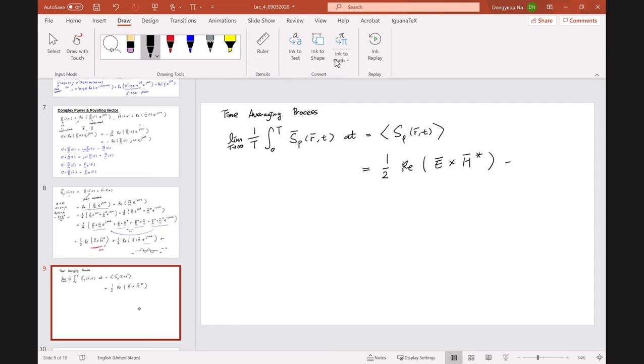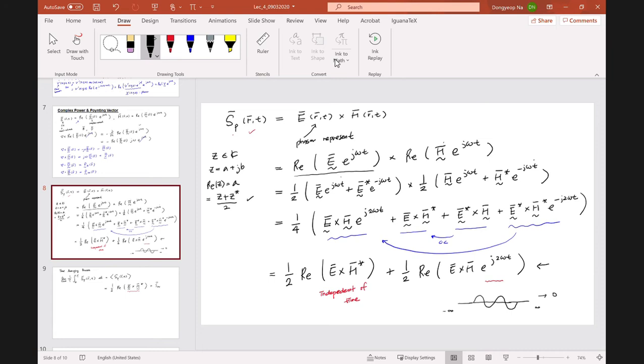So this eventually means the time averaged power. And particularly, we can define this term. This should be phasor, and also this all should be phasor.